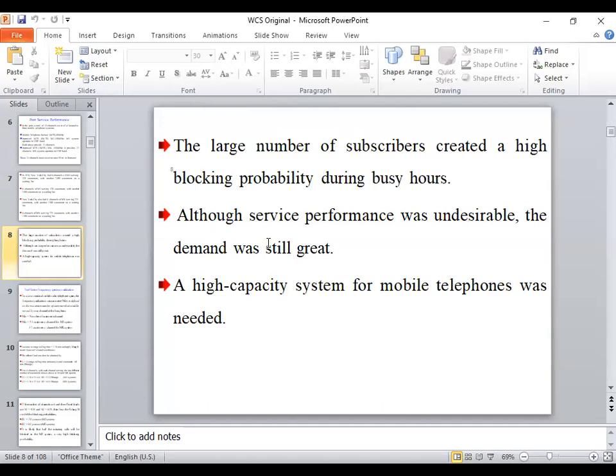So in that case we need a high capacity system for mobile telephones. That's why we need the cellular mobile telephone system as compared to your conventional mobile system.